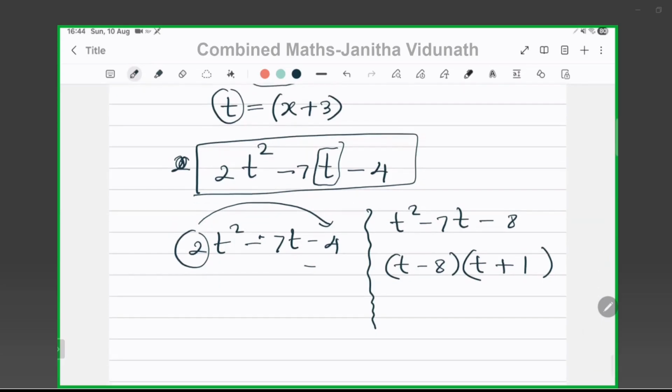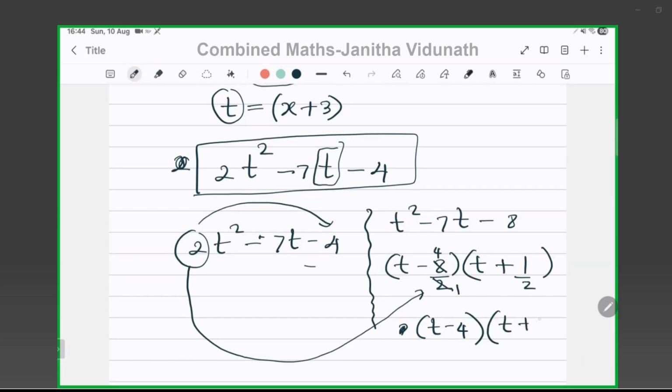Then we need to divide the constants by the coefficient of t square, which is 2. Then we get 8 over 2 is 4, so we get t minus 4 times t plus 1 over 2.